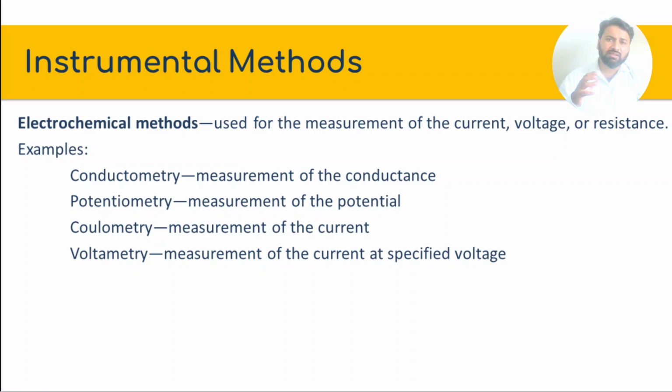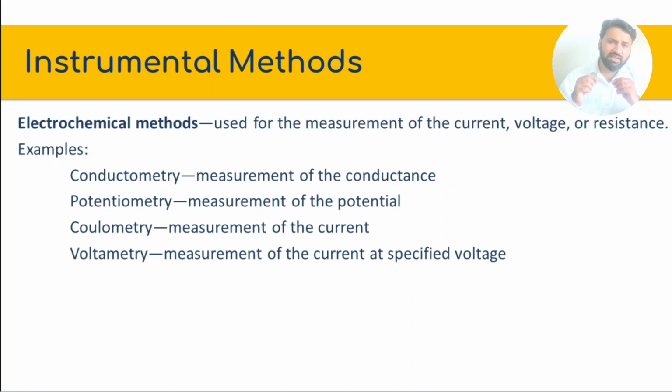This electrochemical method is a very broad area, and it comprises several other techniques, like conductometry, the measurement of conductance, potentiometry, the measurement of potential, coulometry, the measurement of charge, and voltammetry, the measurement of current at a specified voltage.